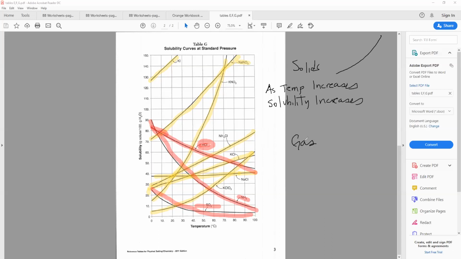But for gases, as temperature increases, the solubility decreases. That's why they have a negative curve. Which are the 3 gases? Well, it's HCl, NH3, SO2. You don't have to memorize them. They're all over here.